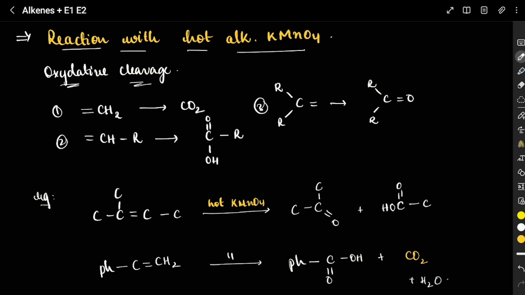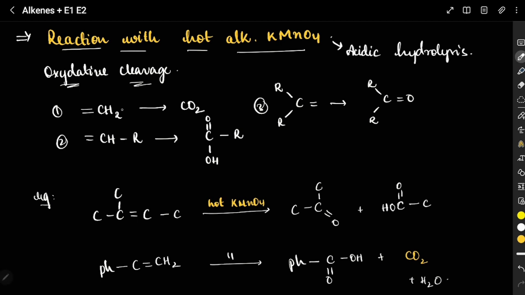Whenever an alkene reacts with hot alkaline KMnO4, an acidic hydrolysis takes place, and there is a high chance of oxidation, meaning oxygen is added many times. Because of this, various products are formed for the given alkene.